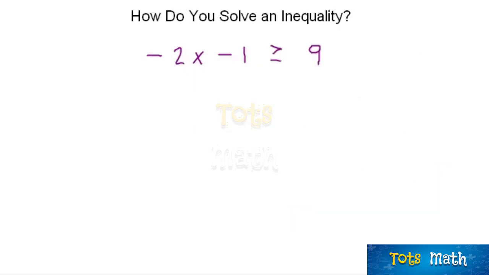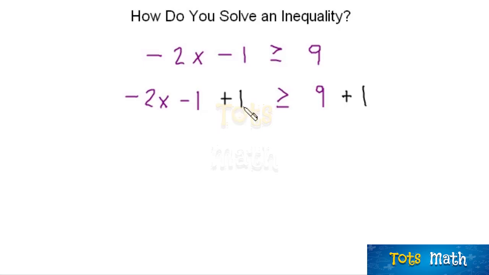Now let's solve a two-step inequality. Negative 2x minus 1 is greater than or equal to 9. Our goal, once again, is to get x by itself. So our first step will be to add 1 to each side of the inequality. And that'll give us negative 2x minus 1 plus 1 is greater than or equal to 9 plus 1.